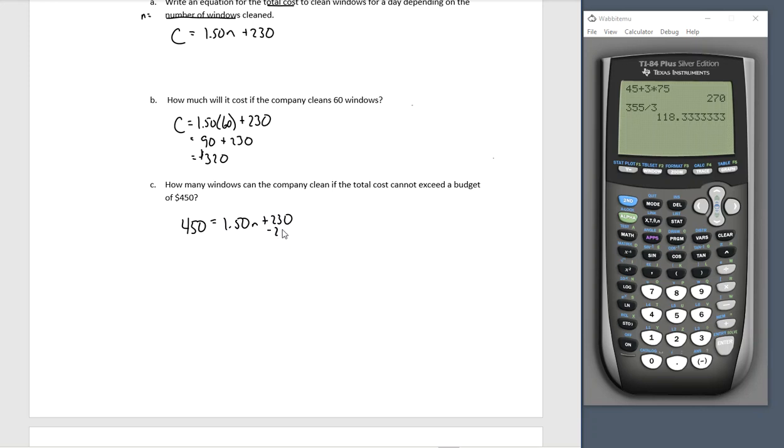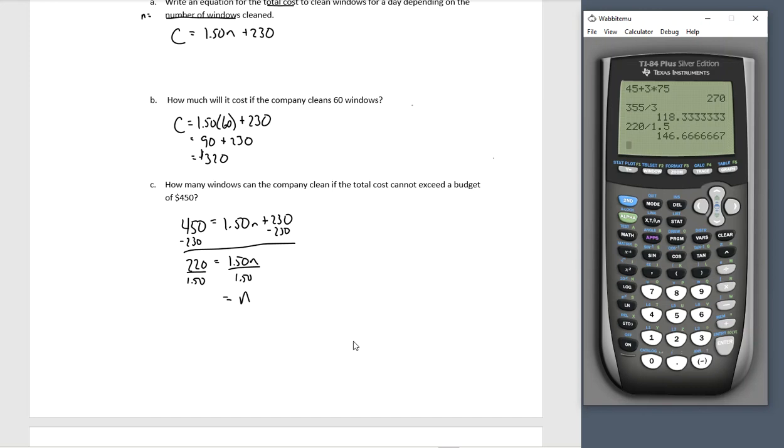So let's subtract 230 from both sides. 450 minus 230 is 220. And when we divide by 1.50, we'll end up with n equals, this is probably one I should be able to do in my head, but when you're doing a video, and sometimes when you're just doing math, it's always nice to have that backup of the calculator.